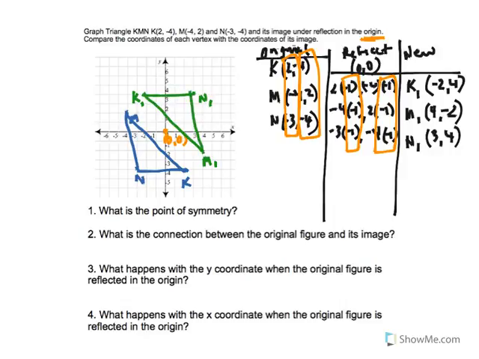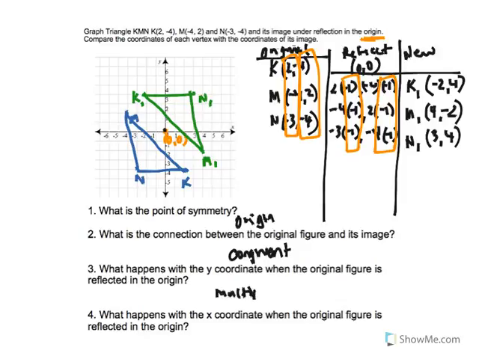And that is a perfect reflection over this point right here. So what is the point of symmetry? It is the origin. What is the connection between the original figure and its image? They are congruent.